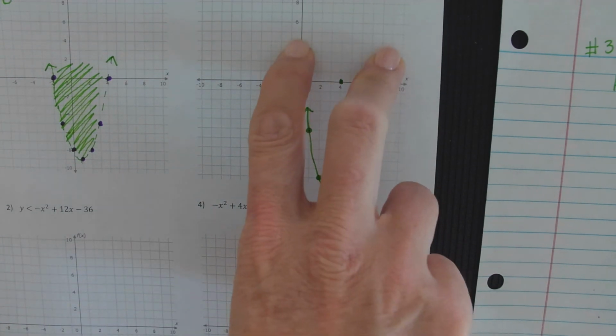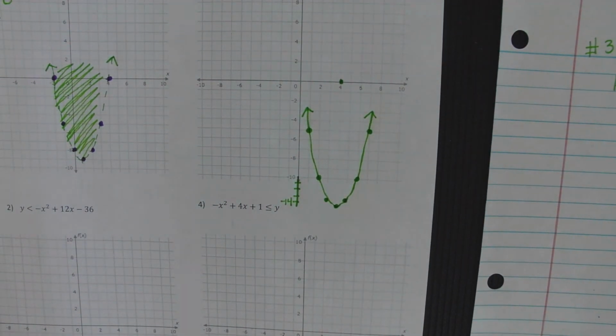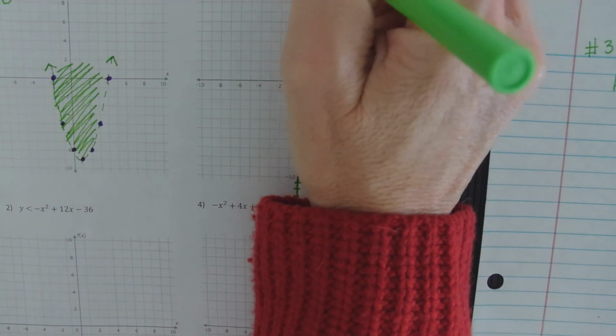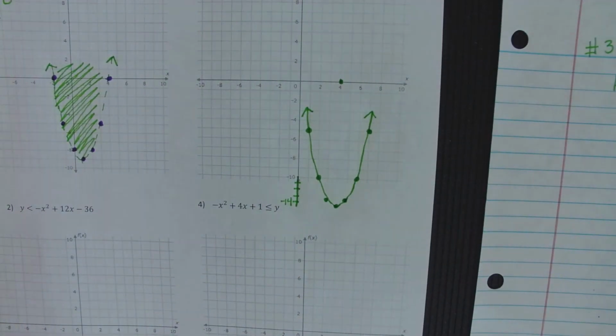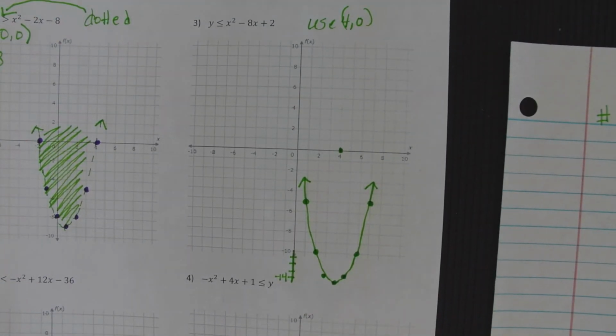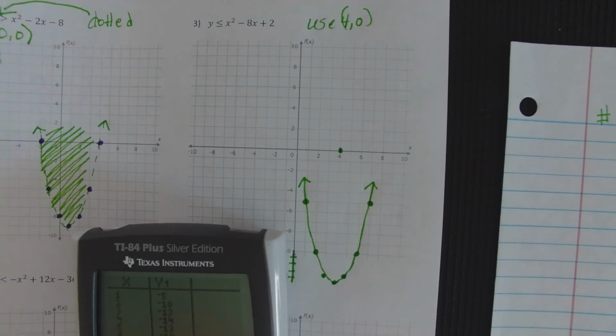So I'm going to use 4, 0. Can y'all read what I'm writing? Okay. There you go. All right, now we're going to have to do a little math, but I'm going to do it on the calculator. So would our y be 0 still?